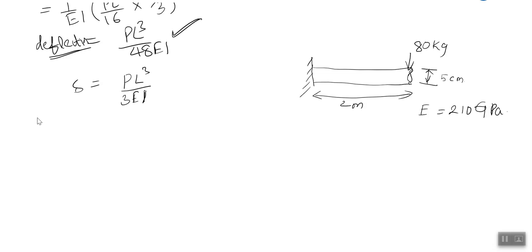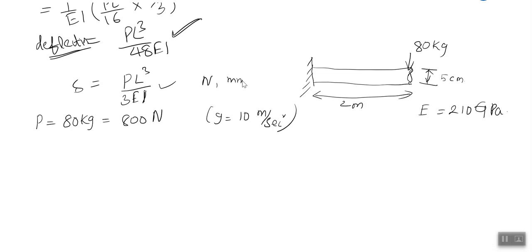Now we want to find out the deflection here at this location. What is P here? P is 80 kg, which is nothing but 800 newtons, considering g as 10 meter per second square. In this formula, we have to keep everything in newtons and mm. Finally, we will get the deflection value in millimeters.